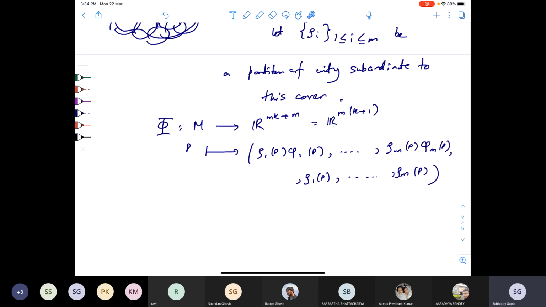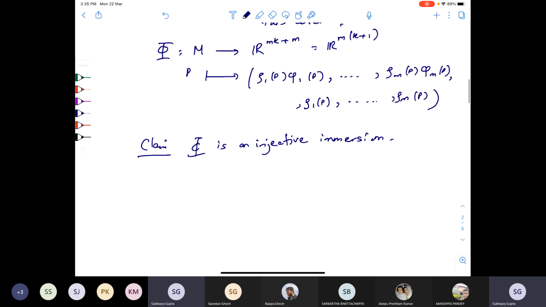It seems to depend on the number of charts you're covering by, but we'll later refine this and do a better version of this embedding. But why is this injective? The claim is that phi is an injective immersion, which in this case, let me remind you, means that it's an embedding.